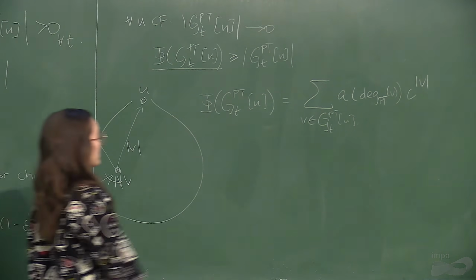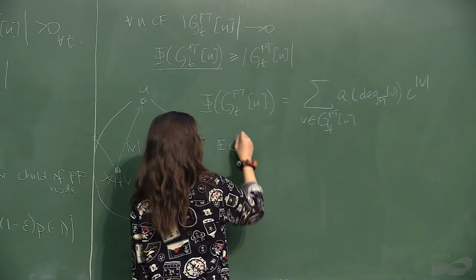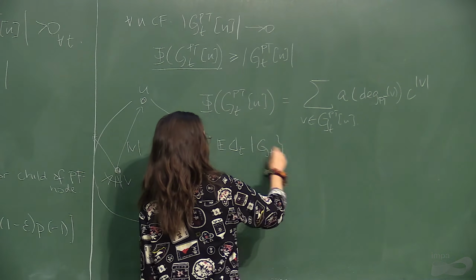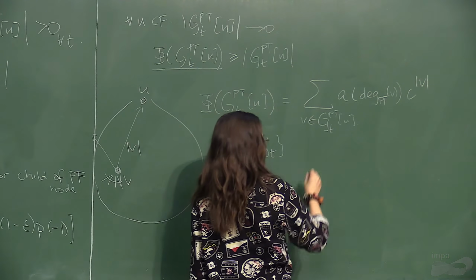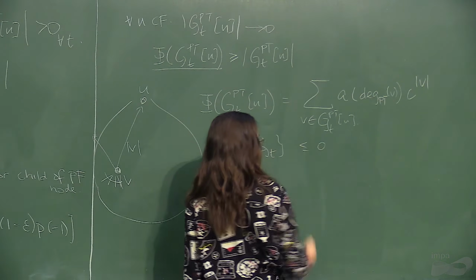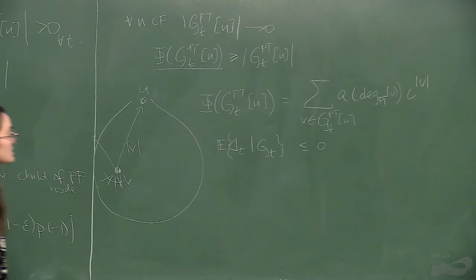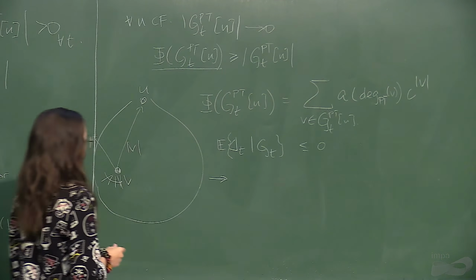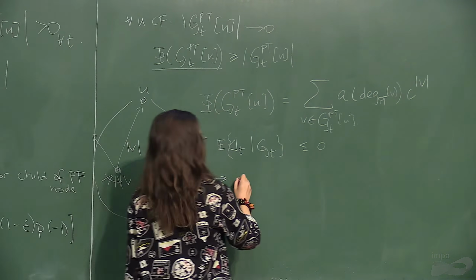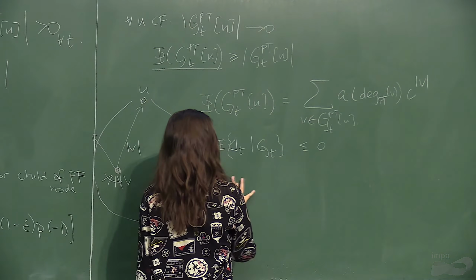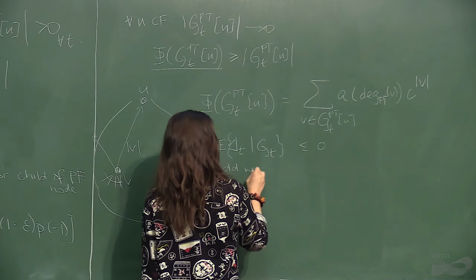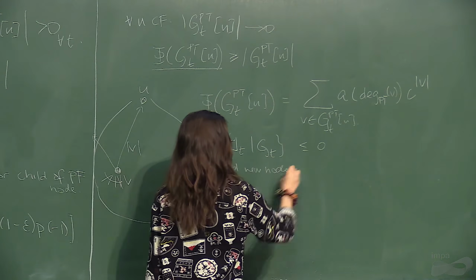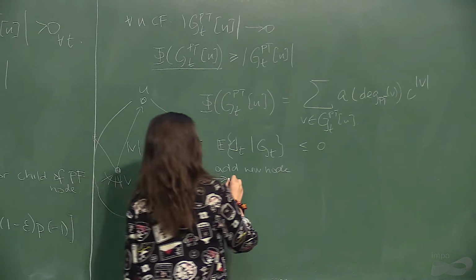And now we want to show that the expected change at every step is going to be less than 0. And this we essentially show in a similar way by analyzing cases. The idea is that suppose you add a new node, and suppose you don't check, or you don't check successfully.